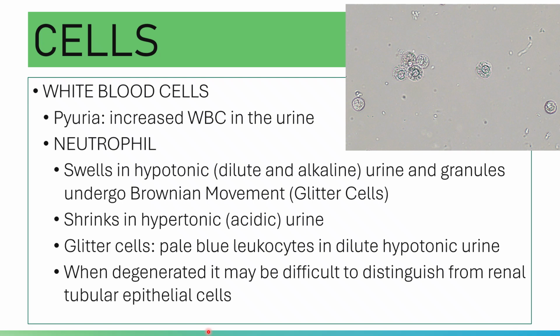Please note that glitter cells stain poorly with supravital stains, and they show loss of nuclear segmentation. Glitter cells are associated with hypotonic urine.